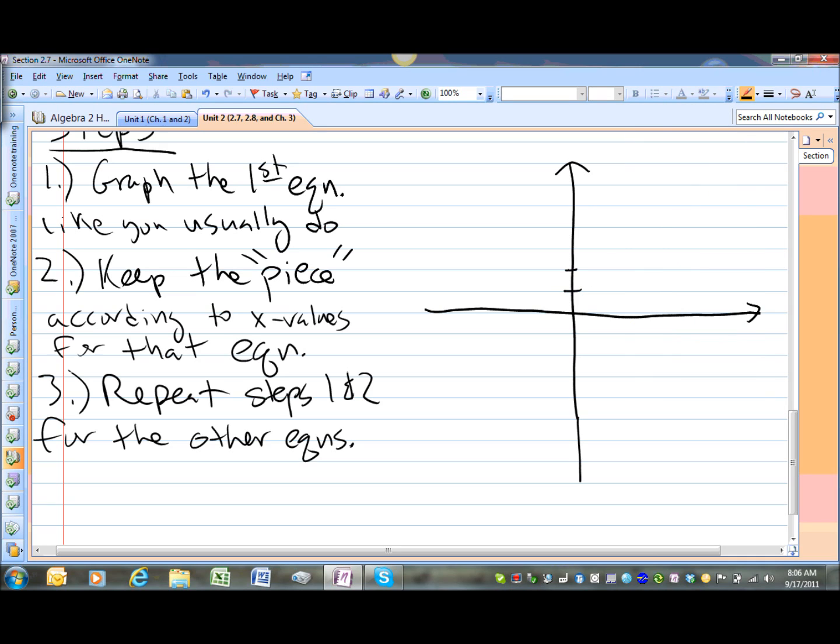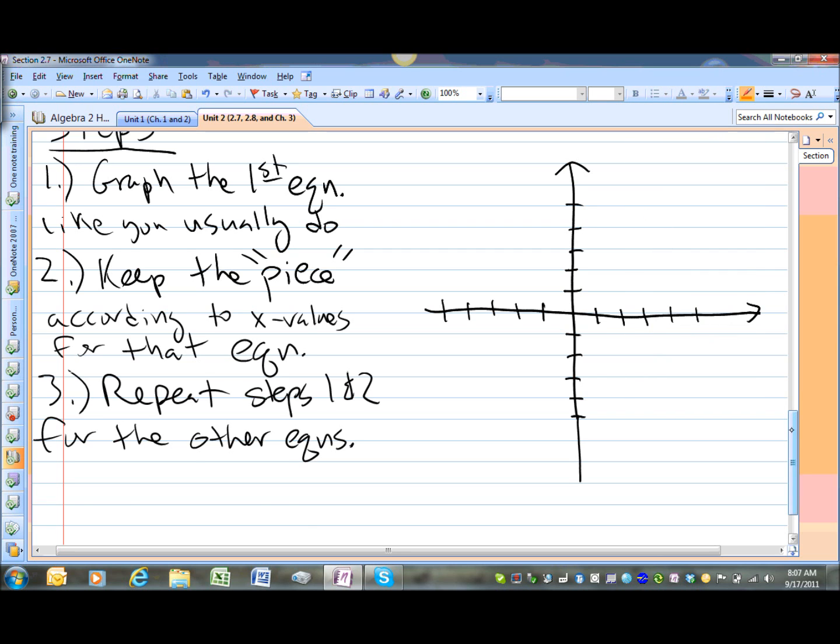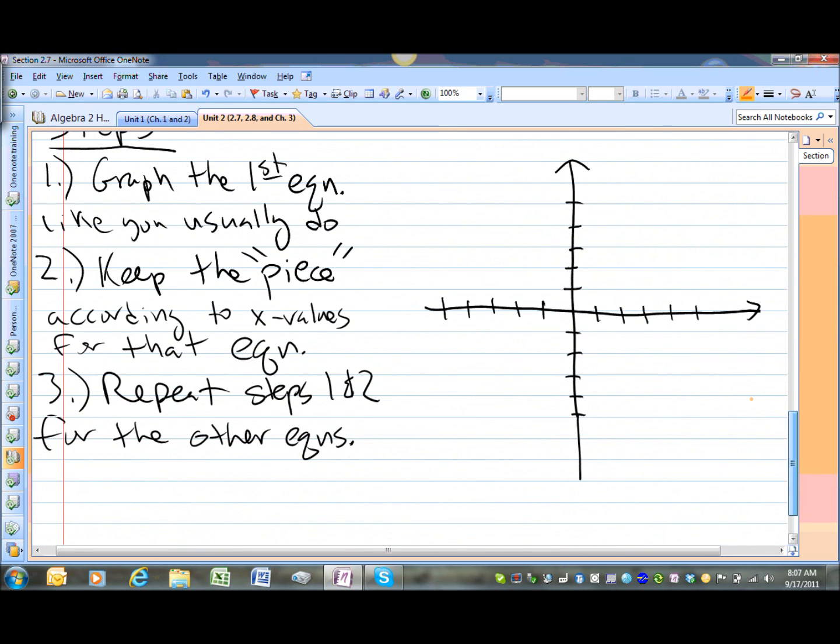So 1, 2, 3, 4, 5 on each axis direction. Okay, back to orange. So 2x minus 1 is right here. Slope is 2, so you go up 2 over 1, up 2 over 1, and draw this guy. Alright, that's good.